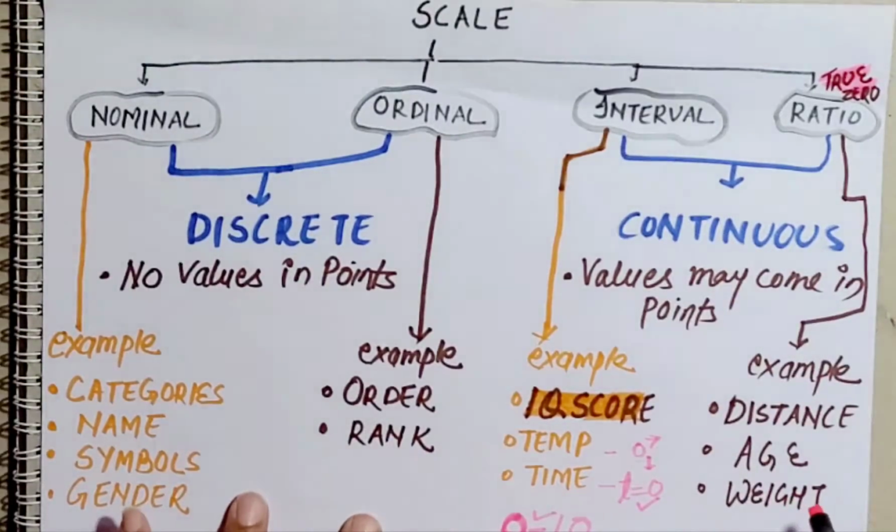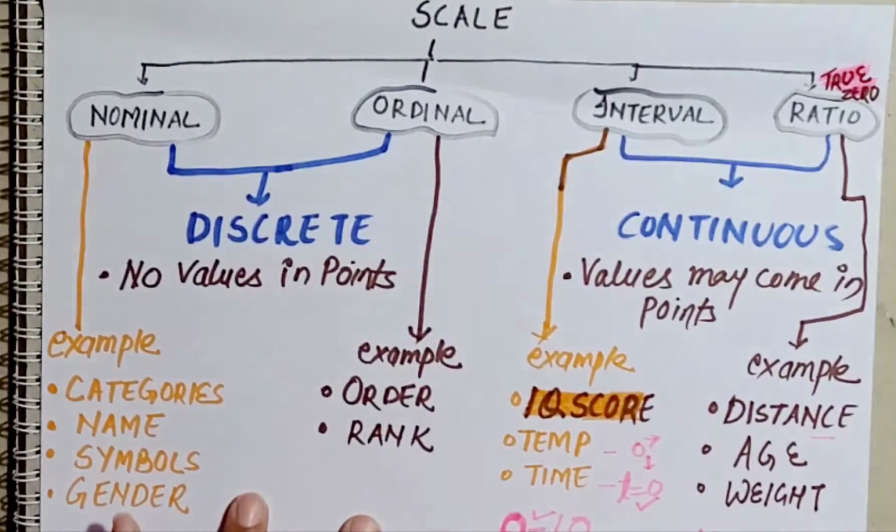But come to the ratio point. In ratio, examples are distance, age, weight. If we talk about distance, like someone is asking, from your house you are going to school, and that day you have not gone to school and you are at home only, and someone asks how many kilometers you have traveled today to go to school from your house.